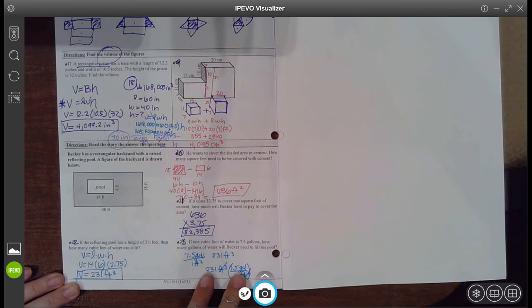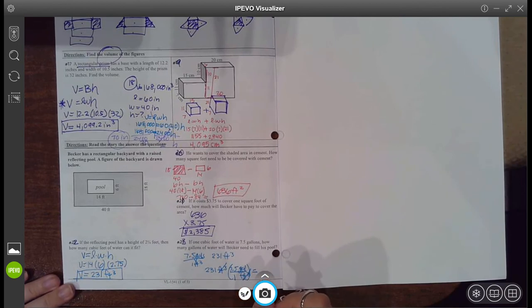Now, if your two numbers here, 231 and 7.5, are across from each other, they get multiplied. If the 7.5 ended up being down below, it would say 231 divided by 7.5. So again, if one number is on top of the other, it's top divided by the bottom. But if the two numbers are across from each other, then I multiply them.